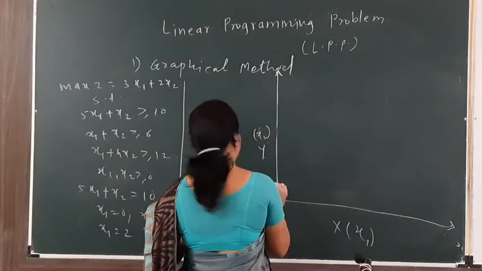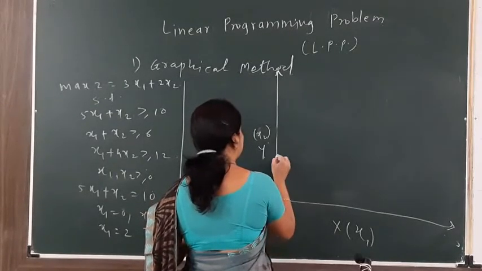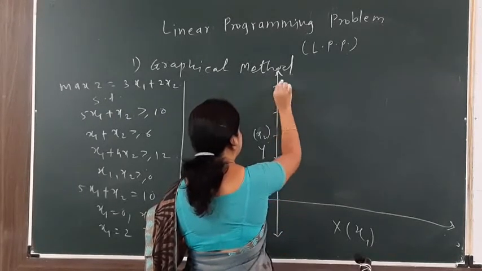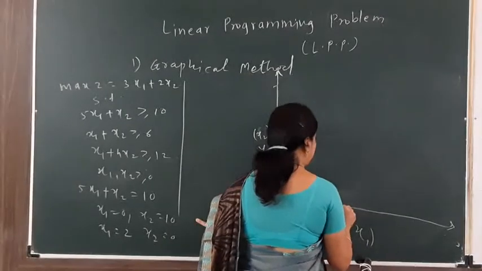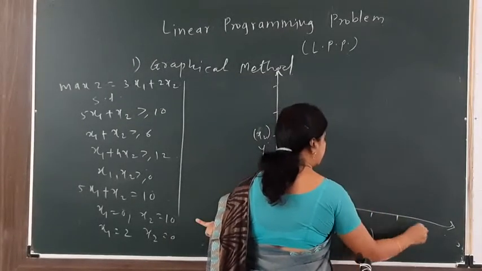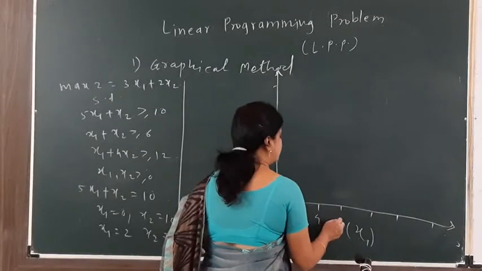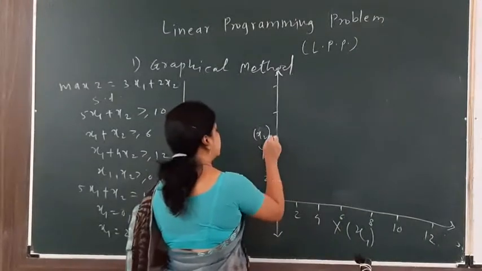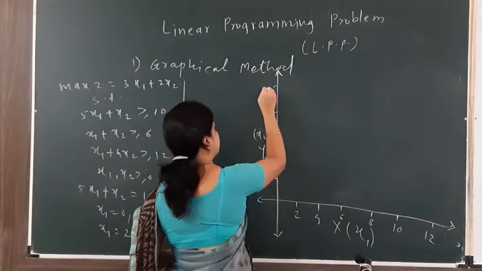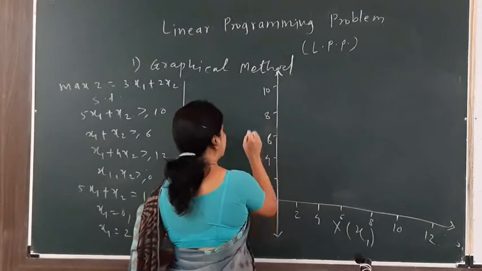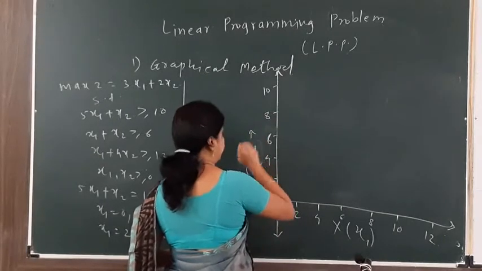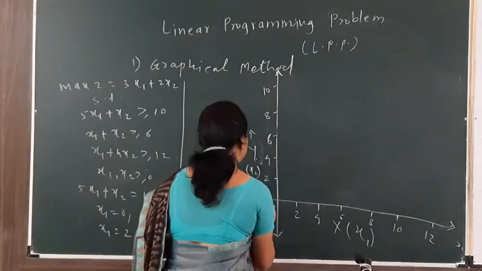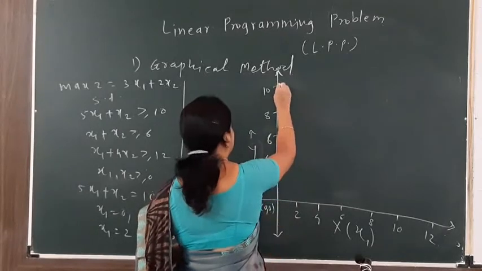So I can have the values 2, 4, 6, 8, 10, 12 on the axes. Okay. So the first value is 0, 10. So on the x-axis I have 0 and on the y-axis I have 10. So this is my first point.